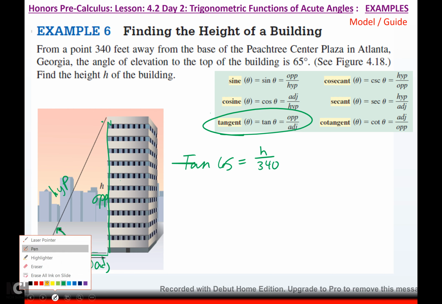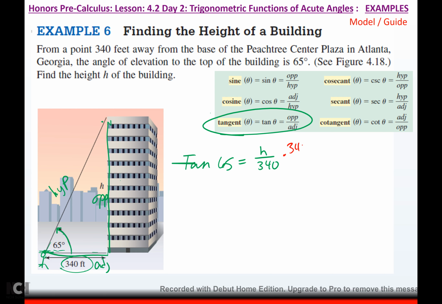So to figure out the height, I'm going to multiply both sides by 340. And the height of the building, if I take 340 times tan of 65 degrees, I get 729.13, and what are we in feet? So that building is 729 feet tall.